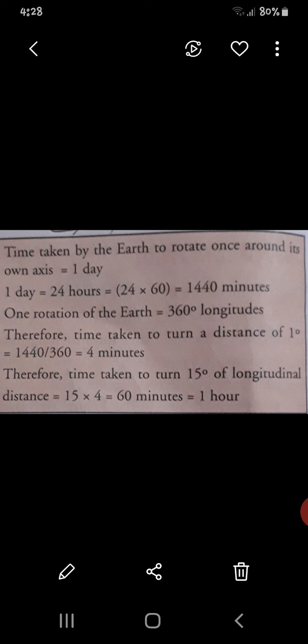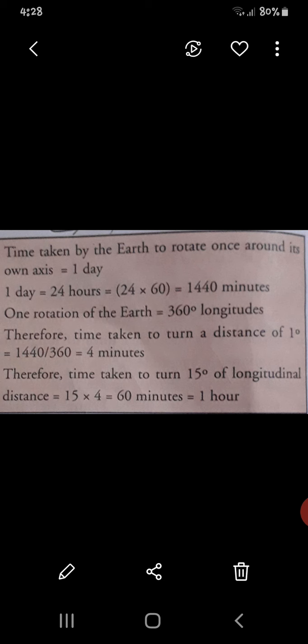At 180 degrees it will be midnight when it is 12 noon at Greenwich, which is the 0 degree longitude. This much, I hope it is clear to you, children.